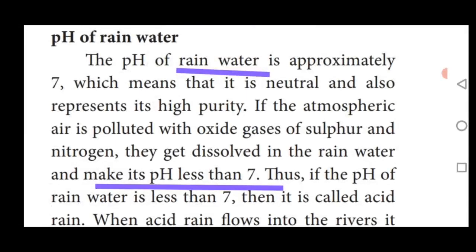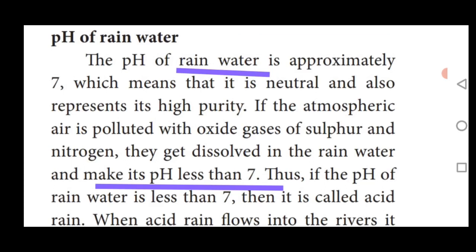What is the rainwater pH value? Approximately 7, so it is a neutral substance. Neutral means the rainwater has high purity. The atmospheric air contains polluting oxides. What type of oxides? Oxides of sulfur and oxides of nitrogen. These substances dissolve in rainwater.